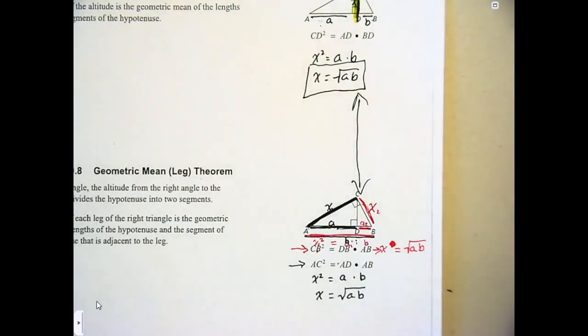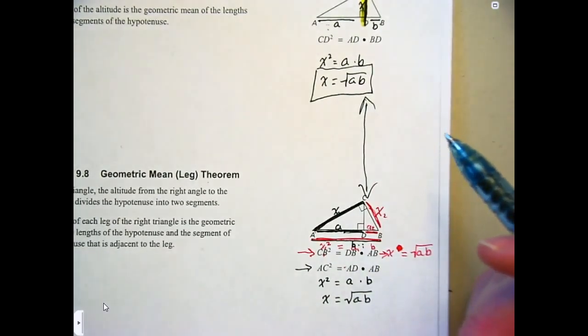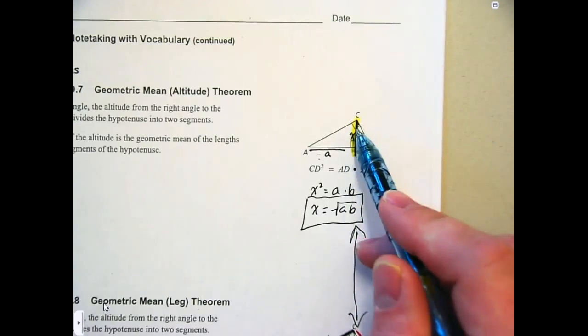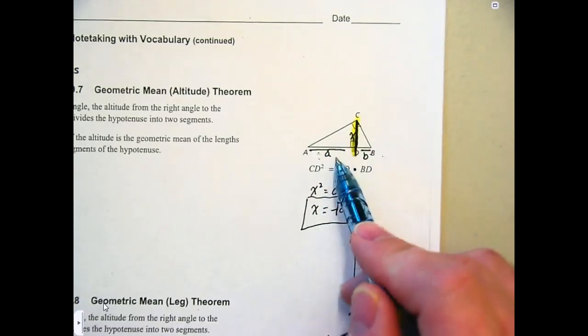If that still confuses you, then you're going to have to memorize the formulas, or you're going to have to do everything in the other method I show you. It'll be up to you. This one right here, the altitude, just splits the two pieces apart. So that times that.